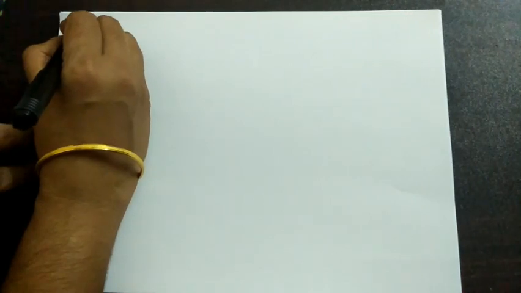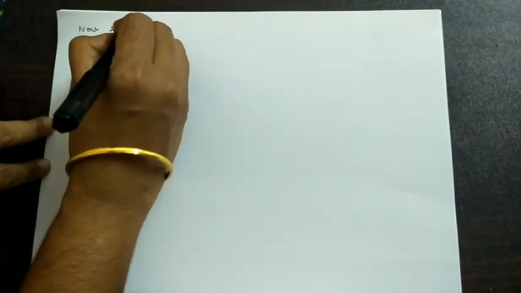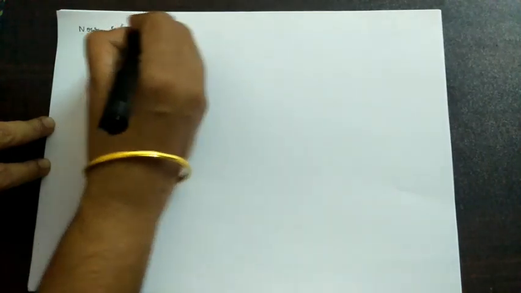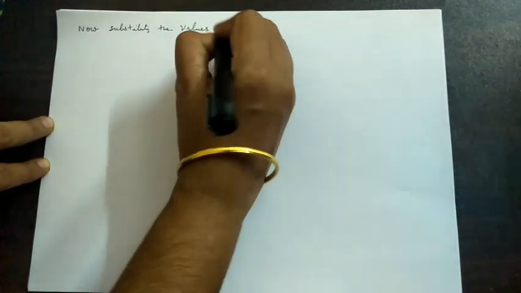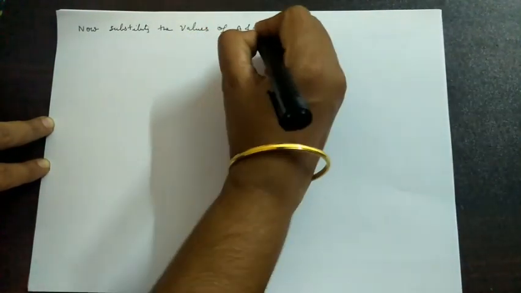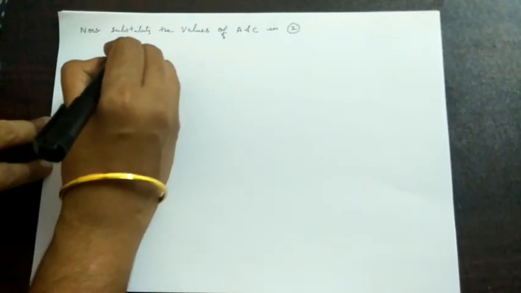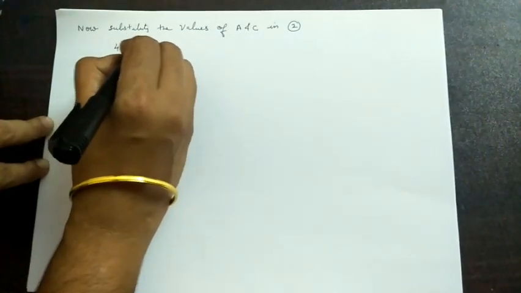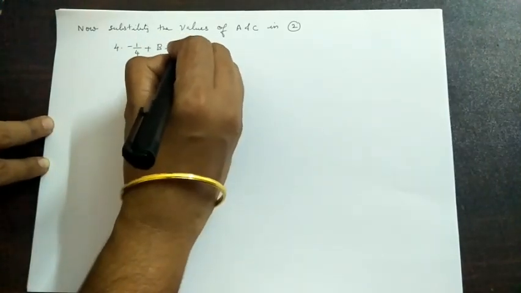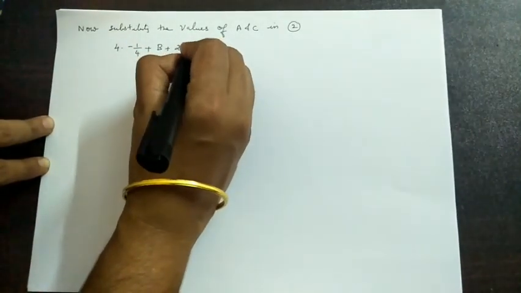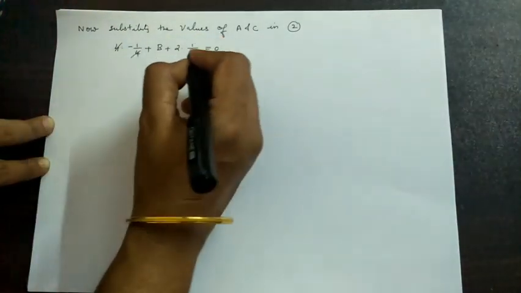Now substituting the values of a and c in equation number 2, that is 4 into the value of a, minus 1 by 4, plus b plus 2 into the value of c, 1 by 4, is equal to 0. 4 and 4 cancel.